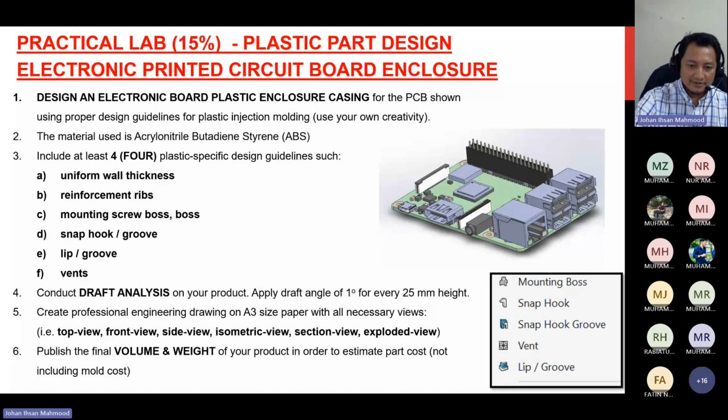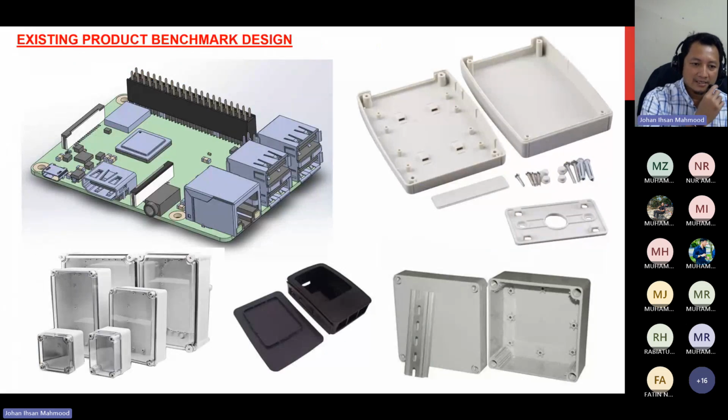So you need to use the printed circuit board which is given lah. So siapa kenal board ni, it's very popular to use as a controller. Something called Raspberry Pi. So Raspberry Pi you can configure nak jadi Android box pun boleh nak jadi mini computer pun boleh.